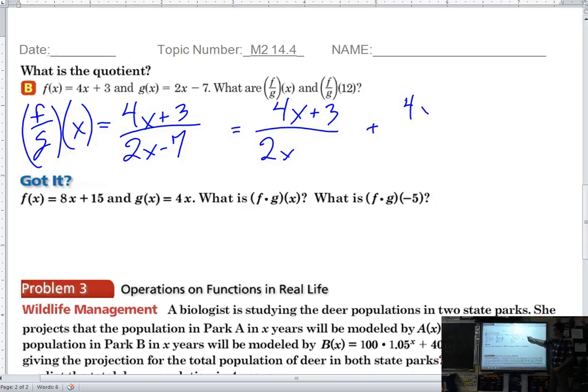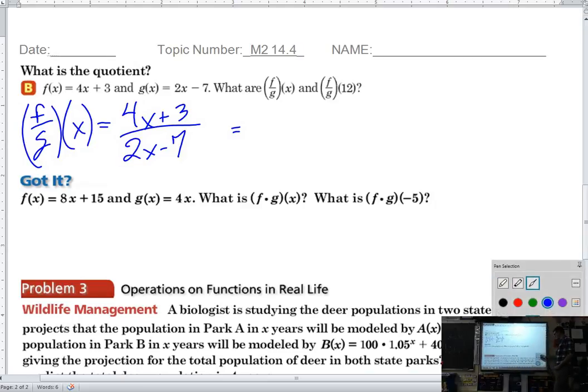Wouldn't you do the 4x and 7? I'm asking each individual term with each other individual term. So it's 4x over 2x, 4x over negative 7. So you're hypothesizing to do 4x over 2x plus 4x over negative 7.